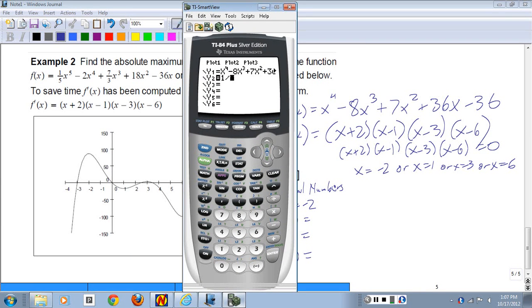1 divided by 5 x to the 5th minus 2 x to the 4th plus 7 divided by 3 x to the 3rd power plus 18x squared minus 36x.